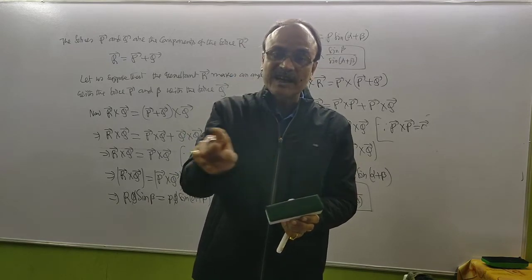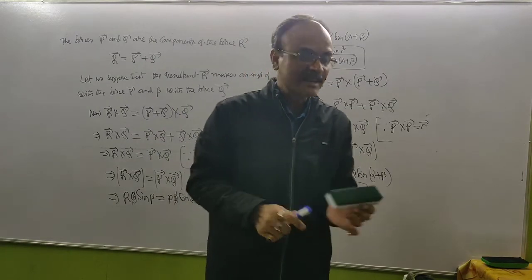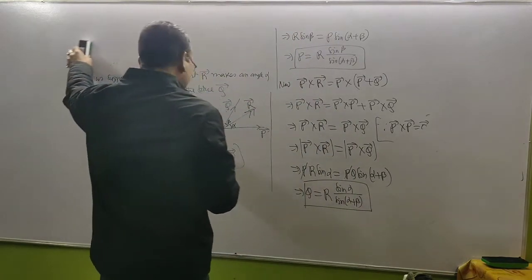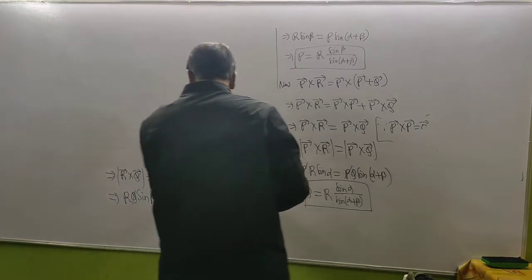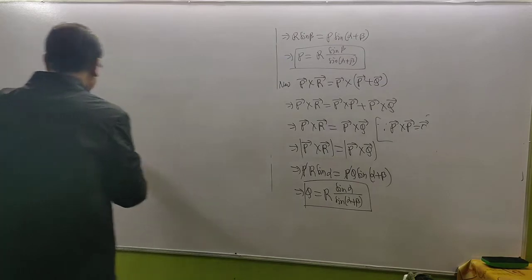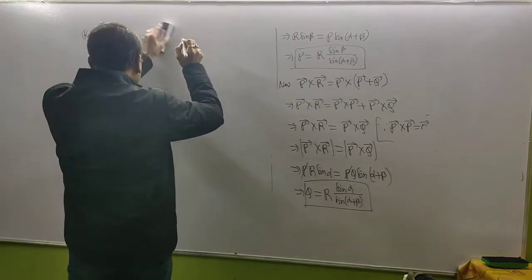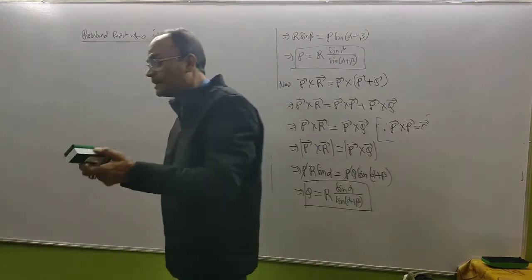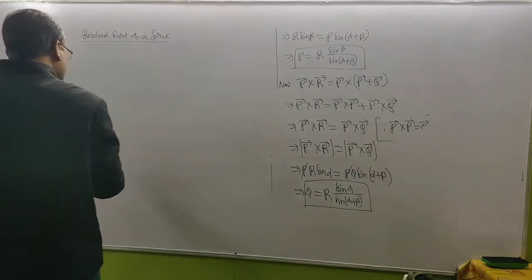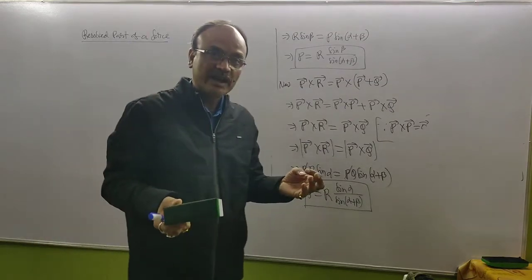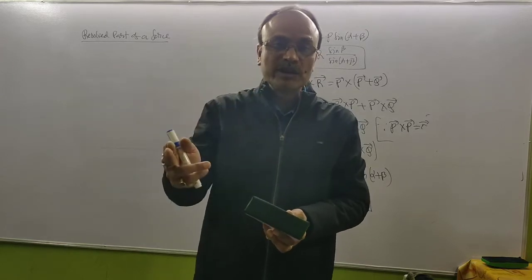If the components are at right angles, that is, if the angle between the two components is 90 degrees, then these components are called the resolved parts of a force.